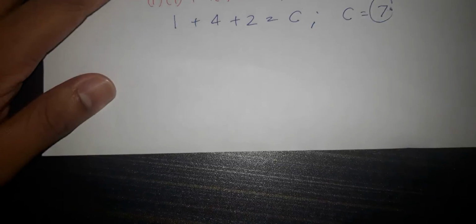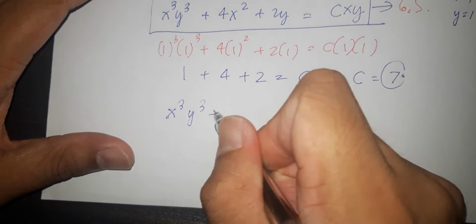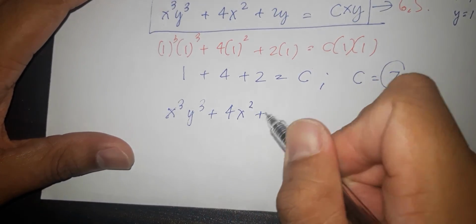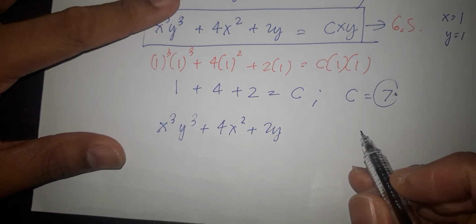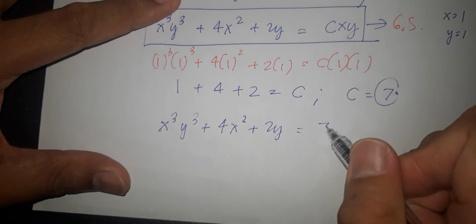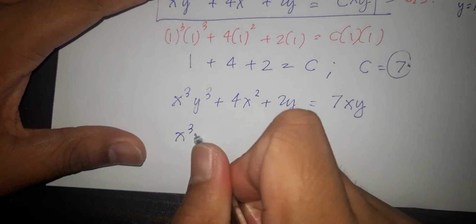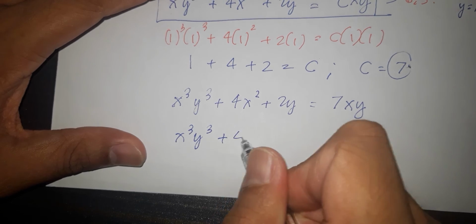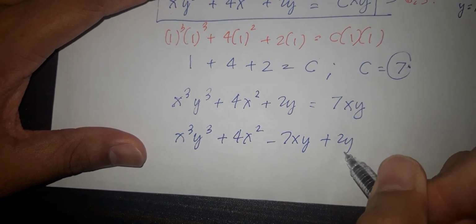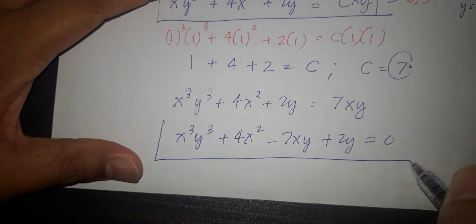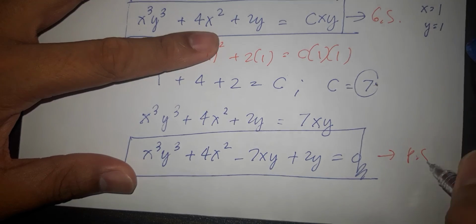So if c is 7, substituting: x cubed y cubed plus 4x squared plus 2y is equal to 7xy. Or x cubed y cubed plus 4x squared minus 7xy plus 2y is equal to 0. So that will be our particular solution.